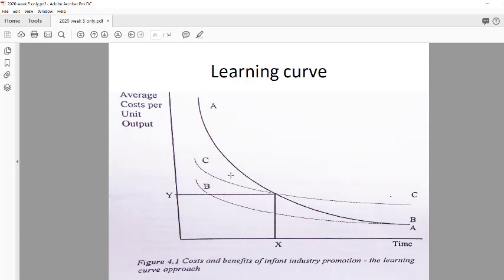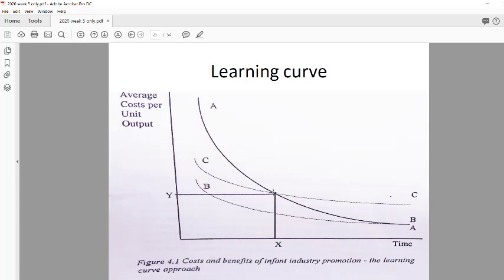What is CC? CC is the production cost or the learner curve of the same company, BB. So BB is shifted upwards to CC. This curve shift upwards to CC is including transport costs for the international firm. We have a point here, X, where the domestic curve AA cuts the curve CC.